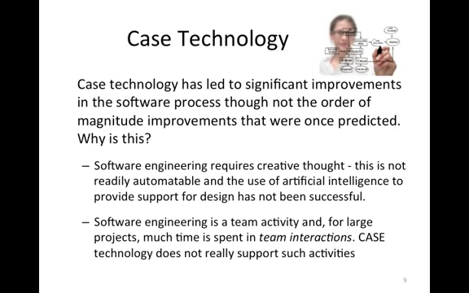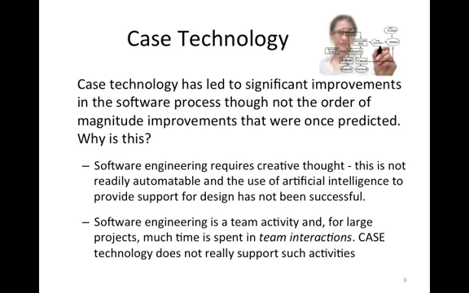And that has not been the case, because software engineering is more complex than just creating a single program. It's a very creative process. It's not necessarily easy to automate. Artificial intelligence is not that good yet to be able to provide the kind of real support that would make it possible for any person just to walk up to one of these and start developing real software.